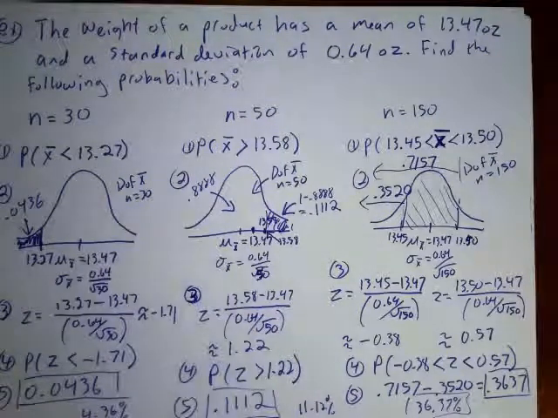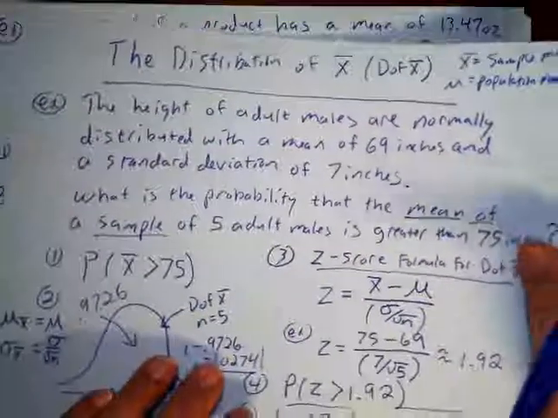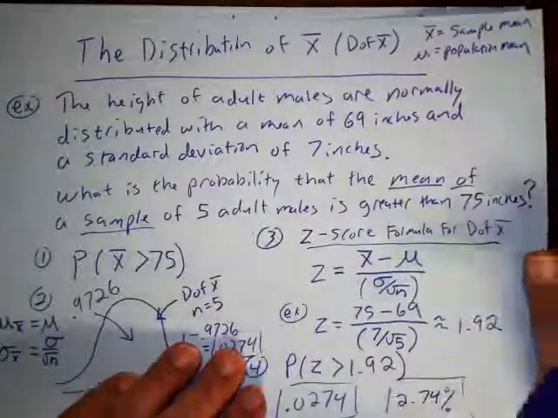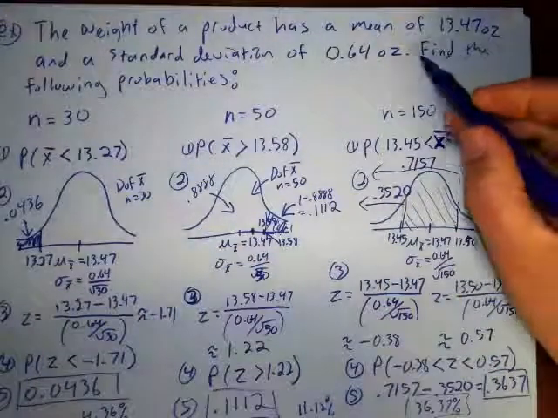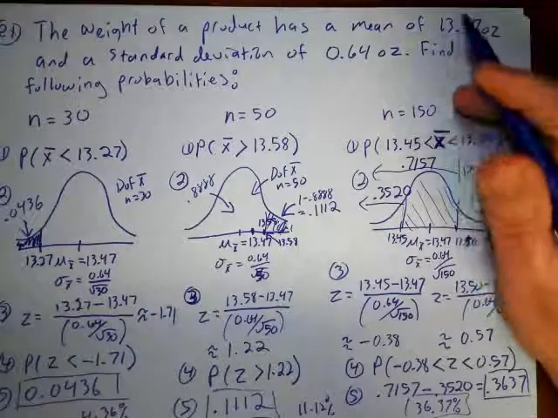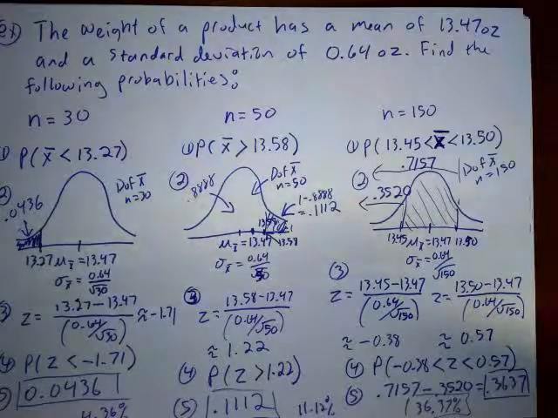So another thing we're going to learn is, I did this on purpose. If you notice here, this one I said the height of adult males is normally distributed. But here, I just said the weight of a product has a mean and a standard deviation. I didn't tell you that the weight of the product was normally distributed. Okay?